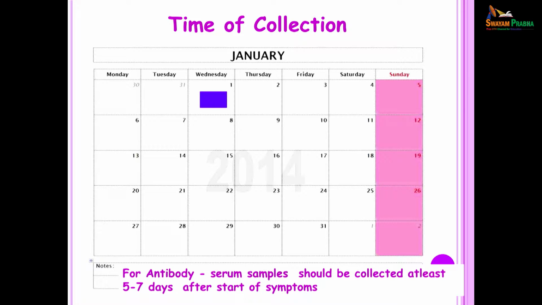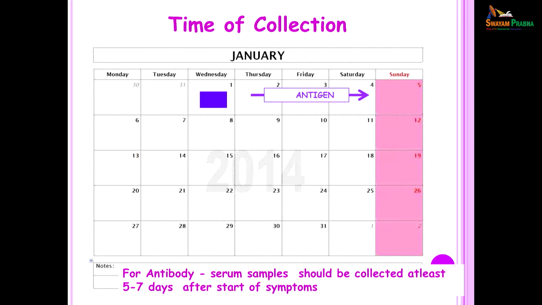Now, this brings me to a very important aspect, the time of collection of sample. Whenever you are going to be performing a serological test, suppose your patient has disease on day 1, which is shown in this calendar. For antigen, you would collect the sample within the first 3 to 4 days. That is the time when antigen is going to be at its highest level.